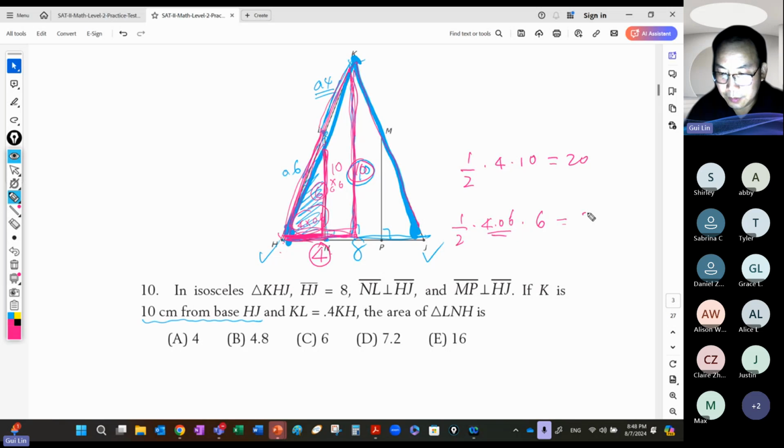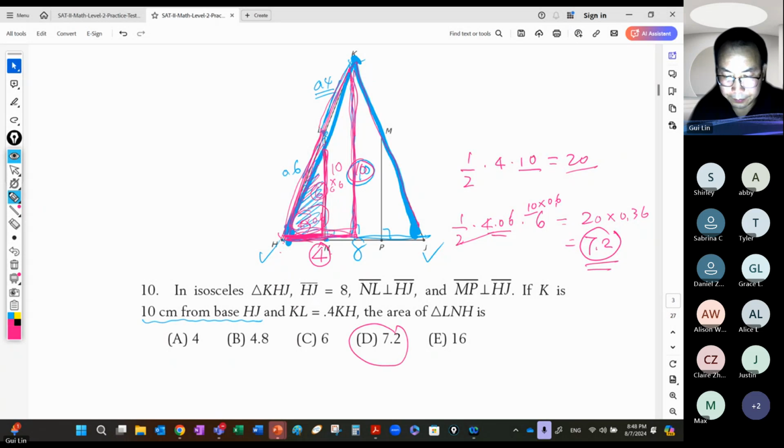So it means 20 times 0.36, which is 7.2. So this area is 7.2. That's it. So the whole one is 20, right? The rest is 0.6 squared. 20 times 0.36 is 7.2.